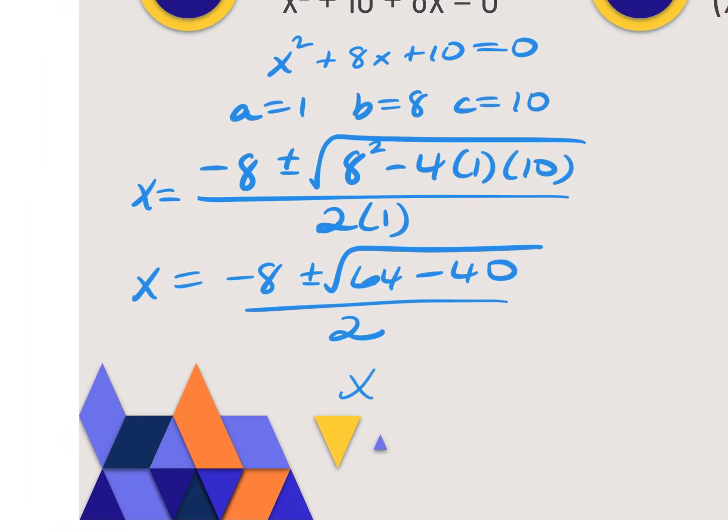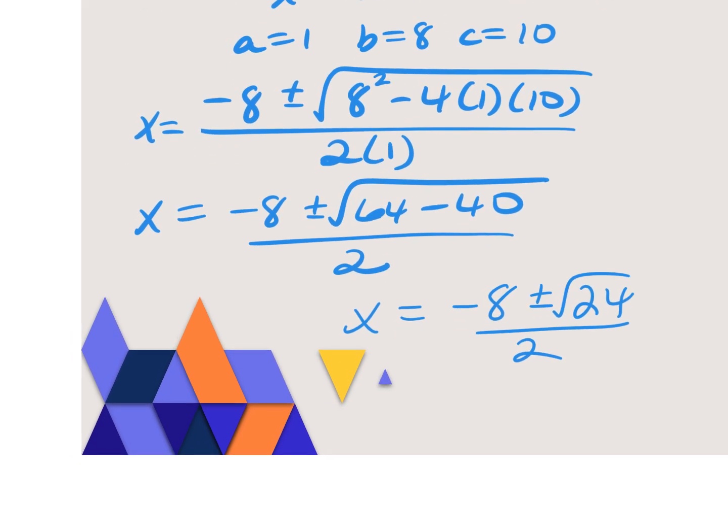Subtract, and x is equal to negative 8 plus or minus the square root of 24, over 2. Again, do not try to simplify this first. You must simplify the radical first, then simplify the fraction.